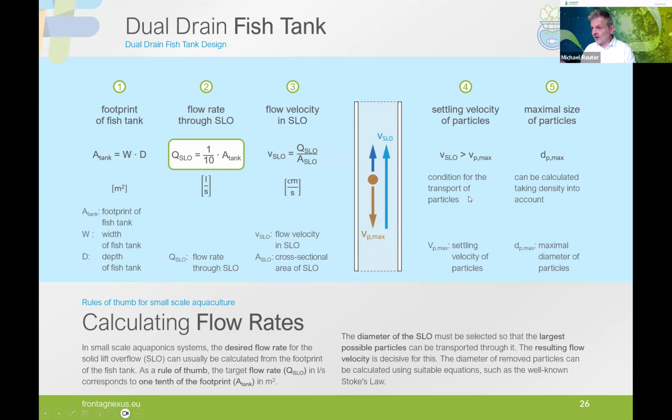And this velocity of the upstream inside of our solid lift overflow has to be larger than the velocity of the particles settling down.